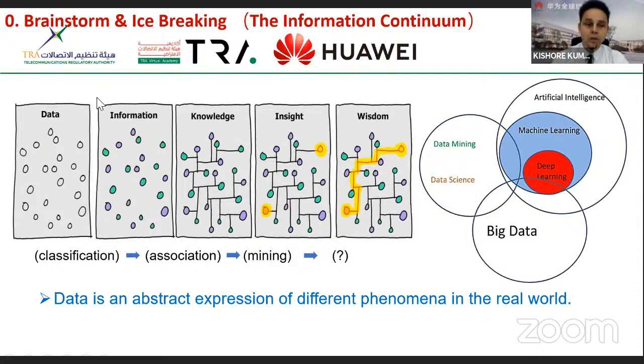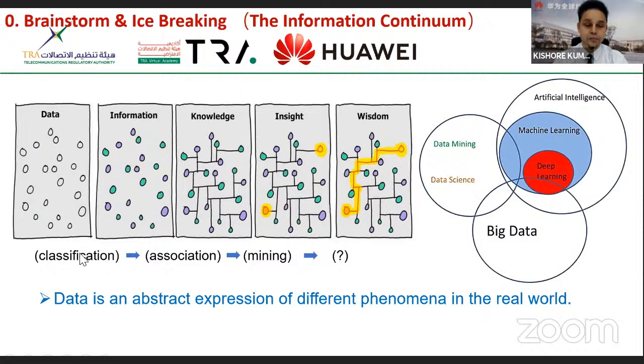Our goal is to take raw data and reach as far as we can. At the leftmost, the circles represent raw data. It has no processed portion.